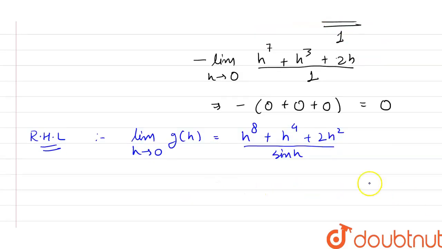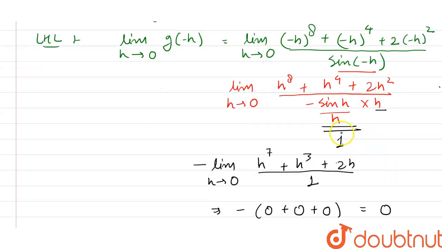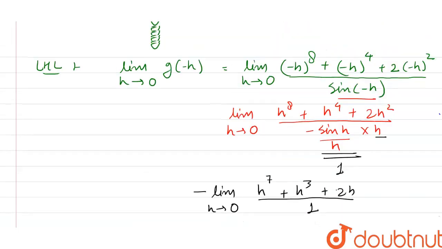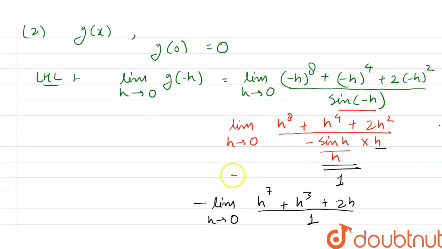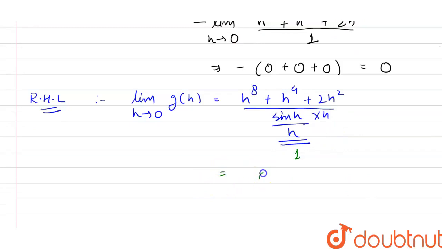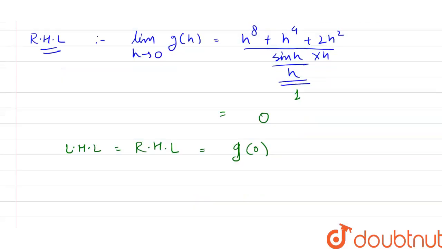Again if we multiply and divide by h, we can say that its value is also 1. This is the same as the previous expression, and the limits are also the same, so its value will become 0. So from here we can say that LHL is equal to RHL equal to g(0), so this is also continuous.